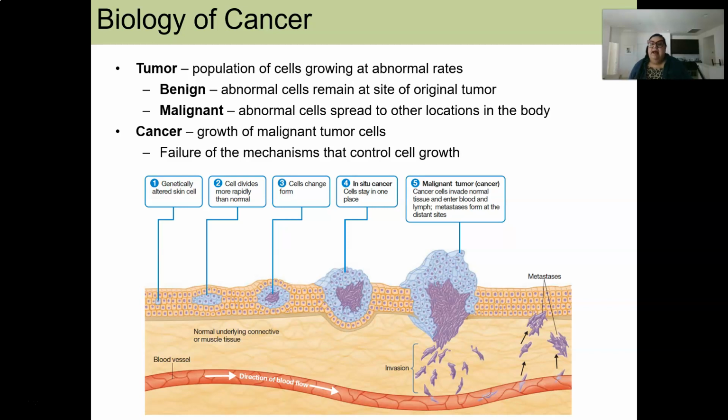It can be benign, so an abnormal mass or abnormal cells remain at the site of the original tumor, or it can be malignant, where the abnormal cells start spreading to other locations of the body.